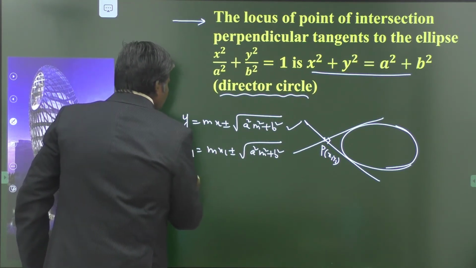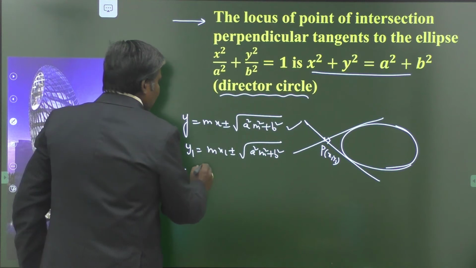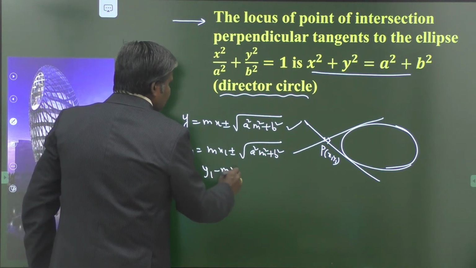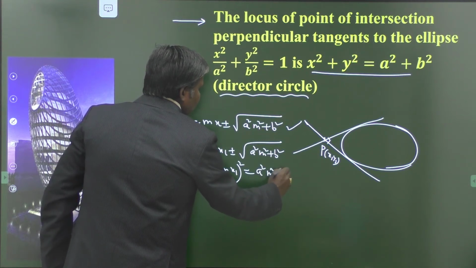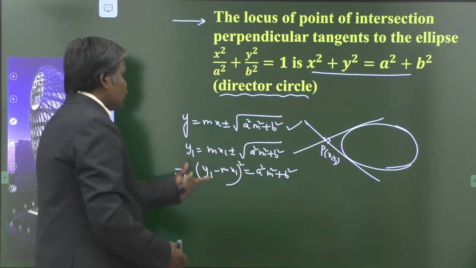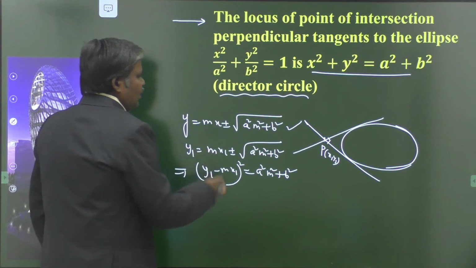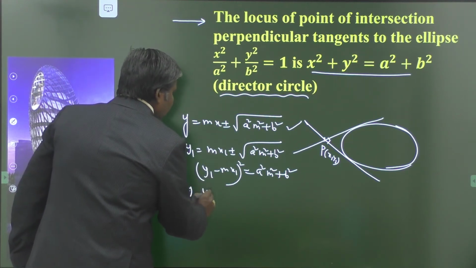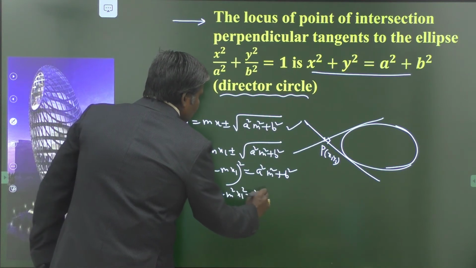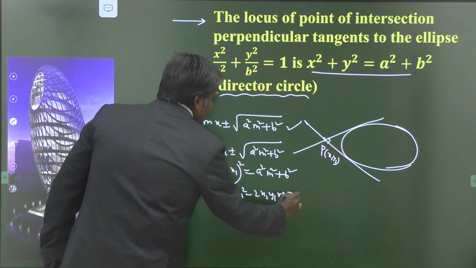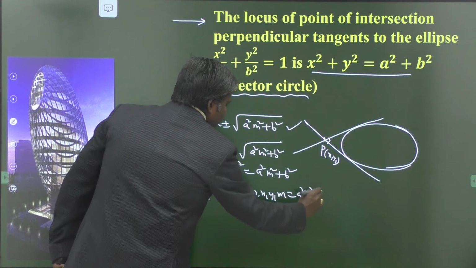By taking m x1 to the left side and squaring, we have (y1 minus m x1) whole square equals a square m square plus b square. We discussed everything here. So we get a quadratic equation in what? In m. y1 square plus m square x1 square minus 2 x1 y1 m equals a square m square plus b square.